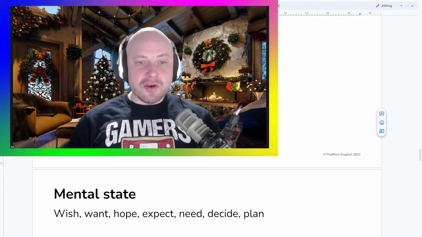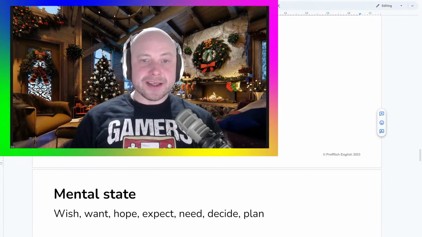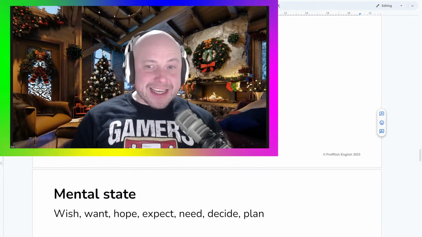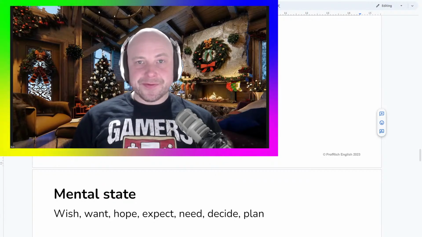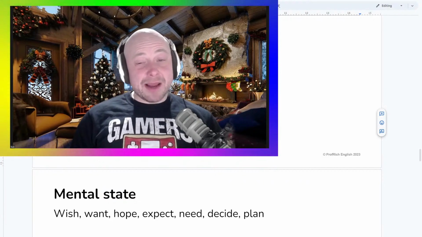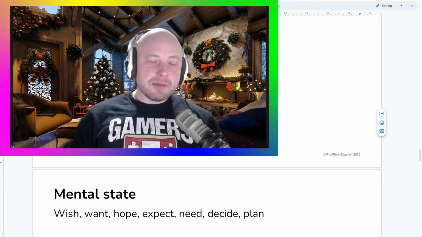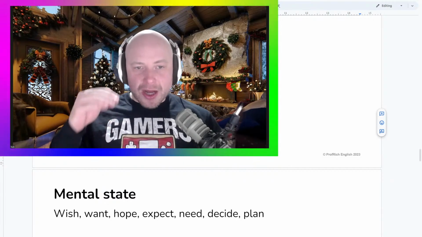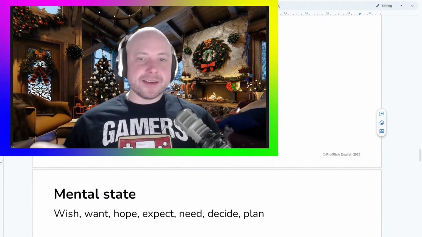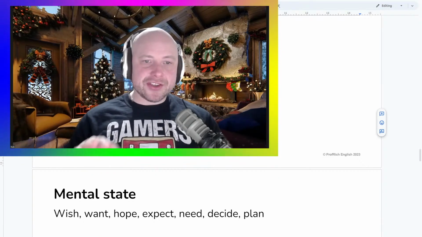So you don't normally say I'm wanting. You don't normally say I'm needing, right? But you can say I'm planning, and you can say I'm deciding. But normally, these are actually verbs of state that we don't use in ing form.